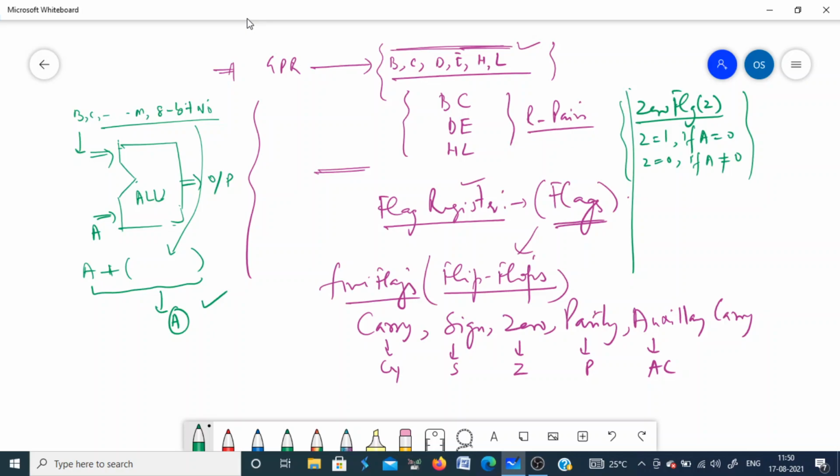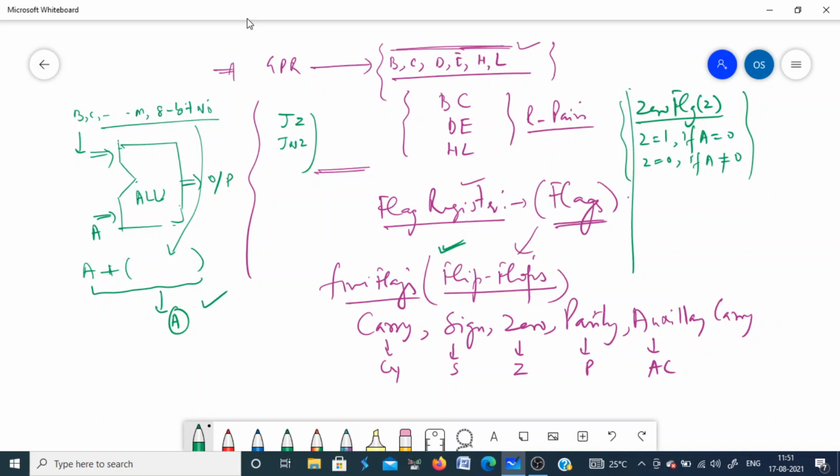These flags are also accessible to the programmer, and they play a very important role in conditional instructions or the jump instructions. They are used to transfer a program to a different location using the status of these flags, like the instructions jump if 0, jump if not 0.